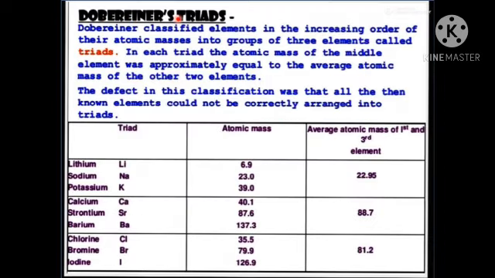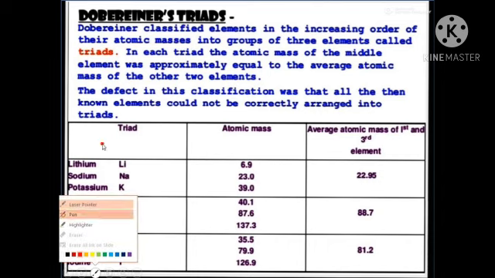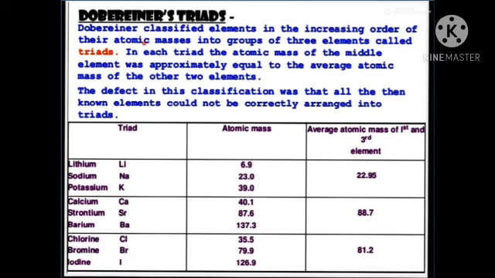Daubernier triads. Daubernier was the scientist who attempted this classification. Daubernier classified elements in the increasing order of their atomic masses. Remember this, it is very important.